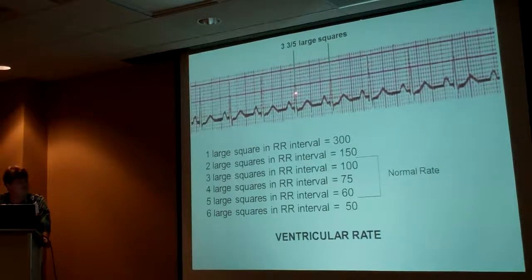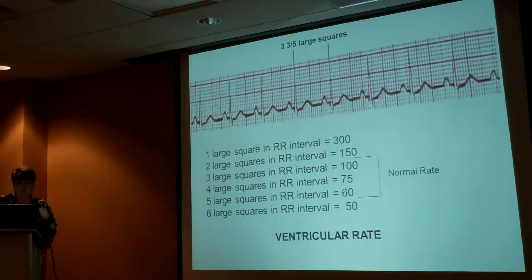Okay. Now look at this one. Here's an R wave, here's an R wave. The number of large squares, we've got 1, 2, 3, and then 3 little, so 3 3/5 large squares. So to get the exact, you would divide 300 by 3 3/5. However, you want an approximate, because this is only an approximate, because we're going for the actual heart rate and what the pump is doing.